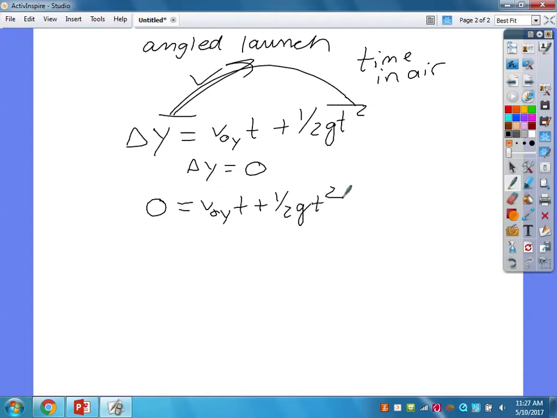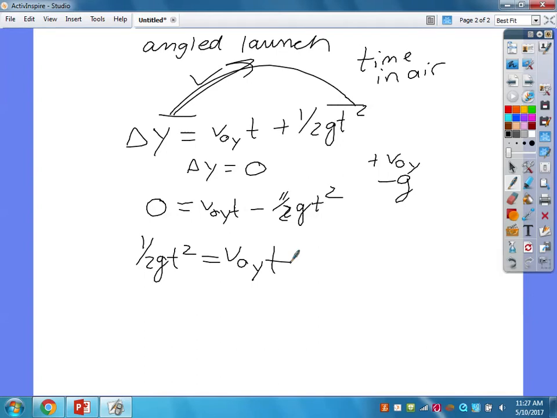If I try to solve for this, the negative, this is going to be minus 1/2 g t squared because g will be negative while v naught y should be positive. So if I rearrange this, I send 1/2 g t squared to the other side, equals v naught y t. Again, I'm trying to solve for t. What am I going to do? I'm going to multiply the 2 over, so I get g t squared equals 2 v naught y t.